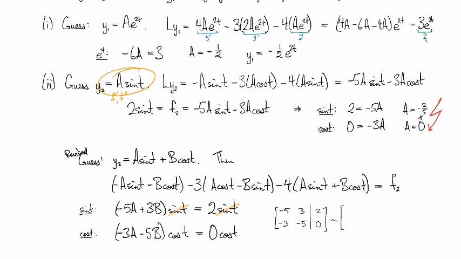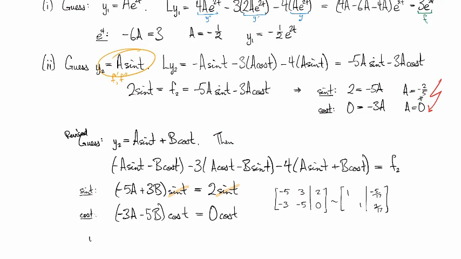And we can row reduce that sucker, and we get a solution this time of minus 5/17 and 3/17. So our y2 is going to look like, well, you know what? We'll just string the whole thing together now.